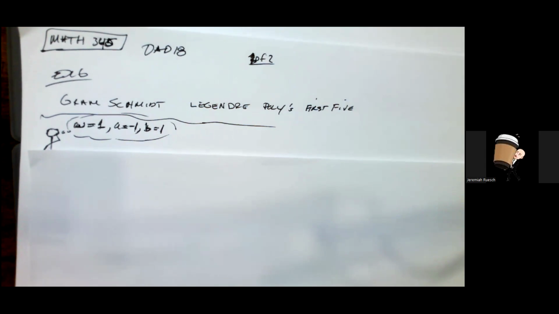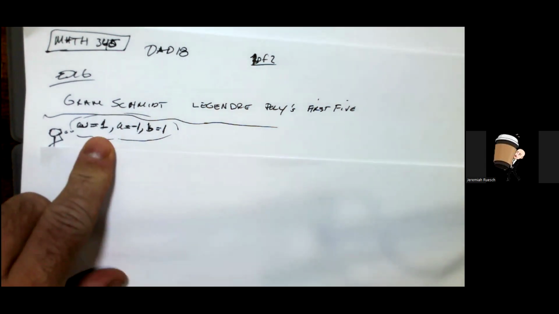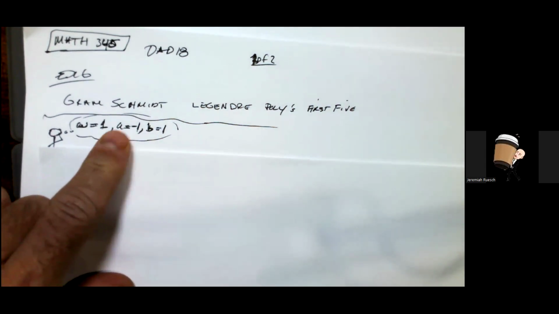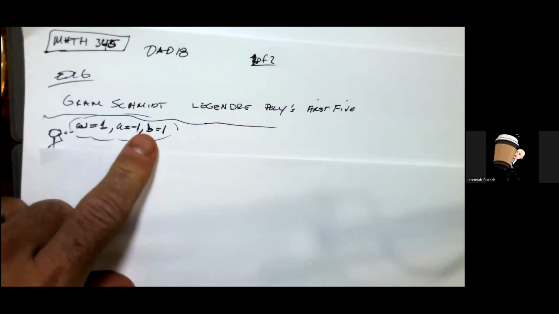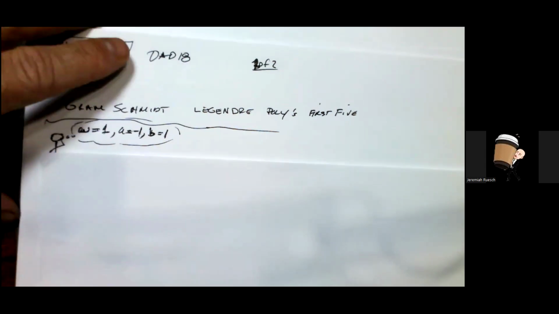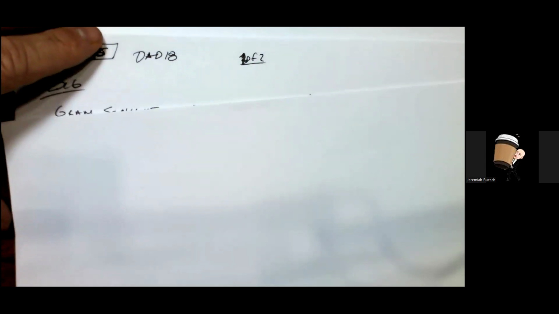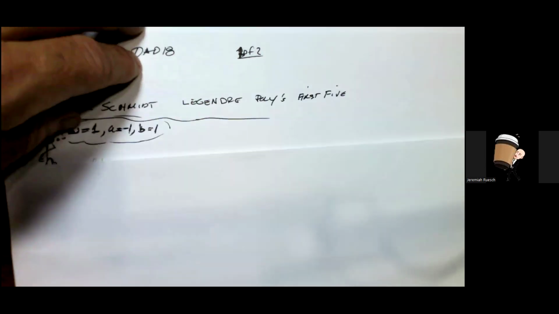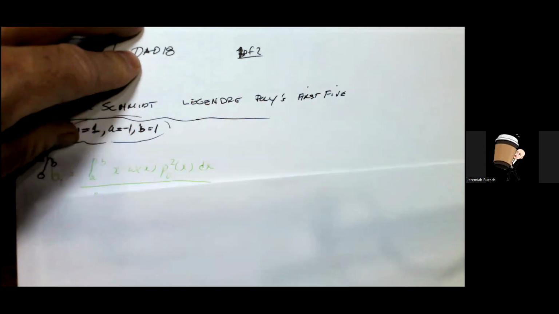And so you have to think to yourself, okay, what's the weight and what's the interval of interest here? The weight function that we're going to use for the Legendre polynomials is actually just a constant one, and Legendre polynomials are defined on the interval from -1 to 1. So we'll use those to calculate the orthogonalization. We're not normalizing these.